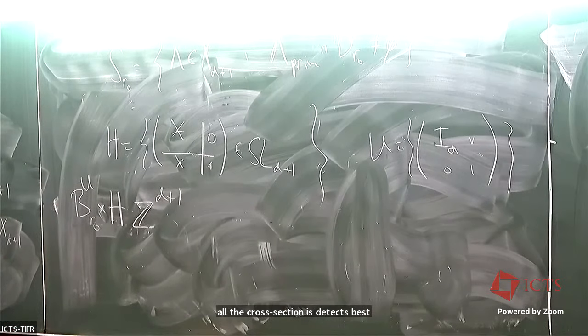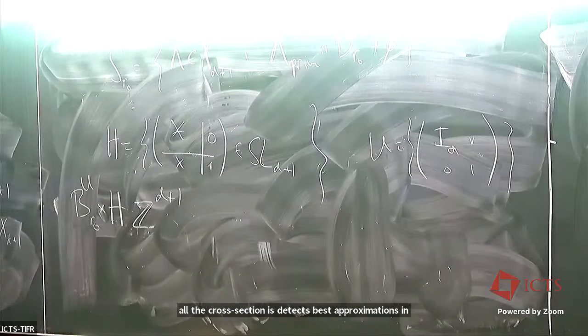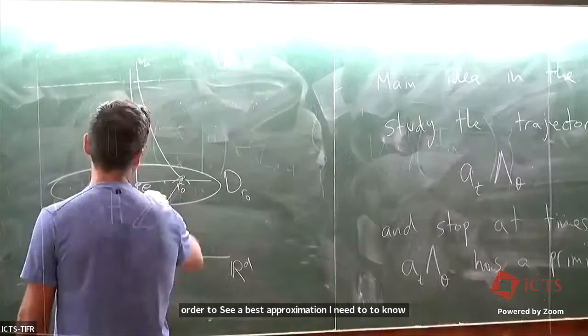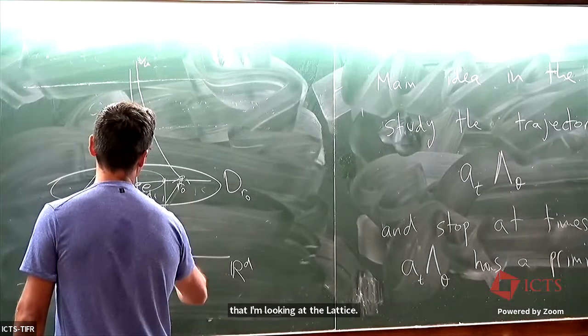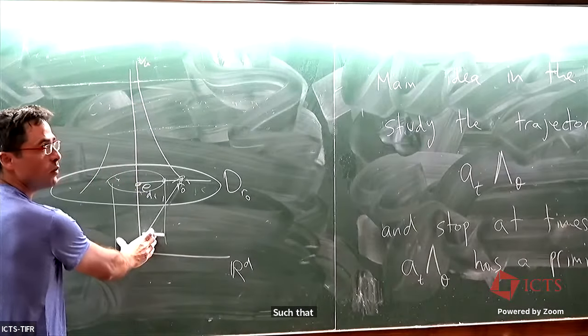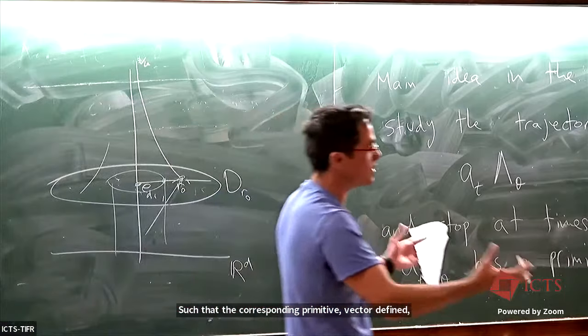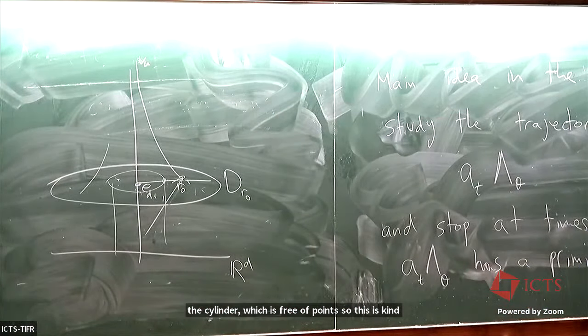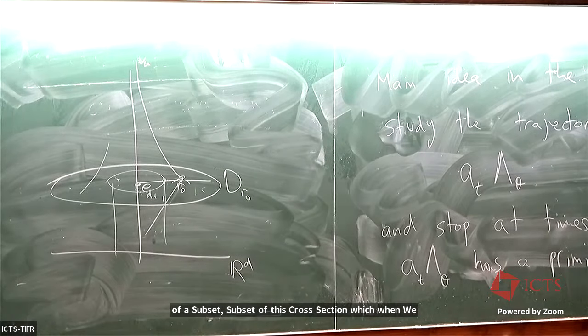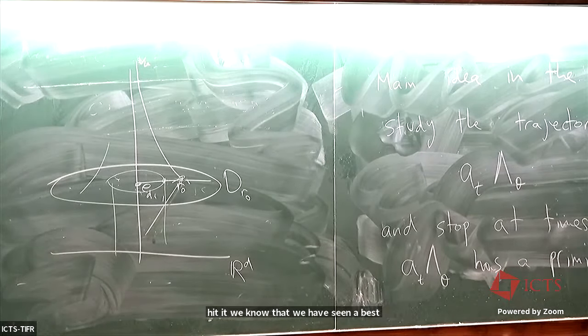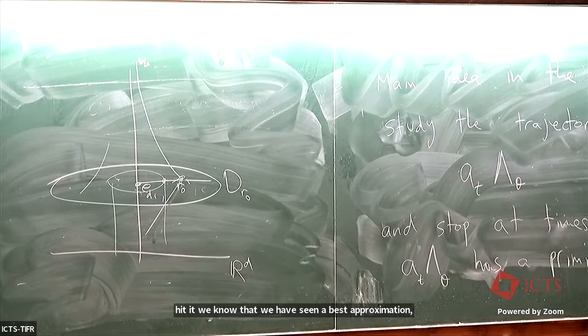In order to see a best approximation, I need to know that I'm looking at a lattice such that the corresponding primitive vector defines a cylinder which is free of points. So this is a subset of this cross-section, which when we hit it, we know that we have seen a best approximation. So the characteristic function of this set is the density that appears in the theorem.